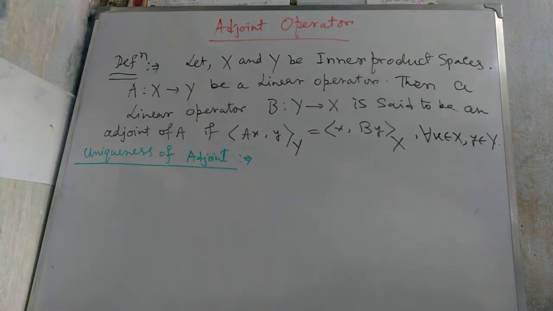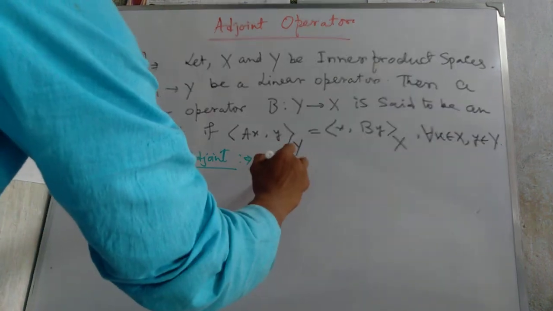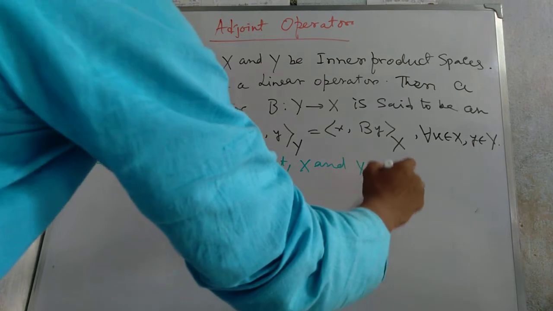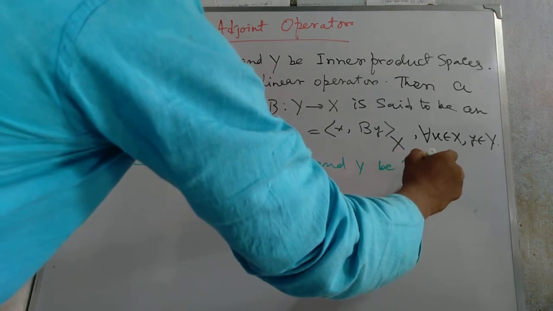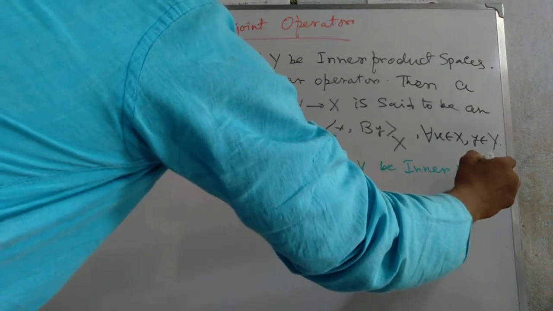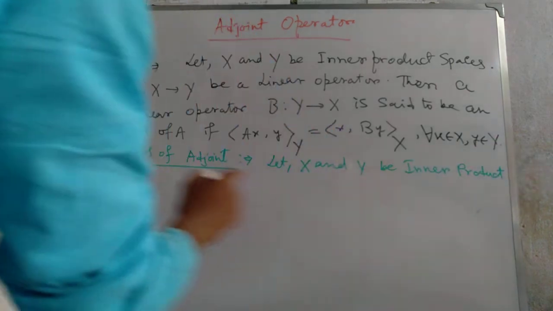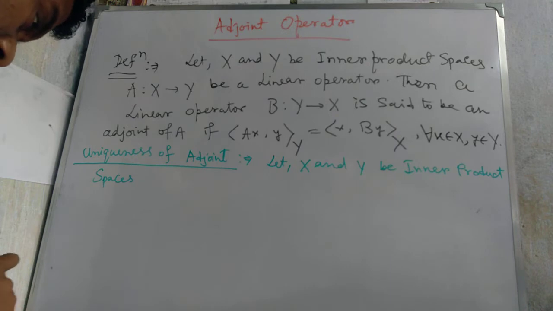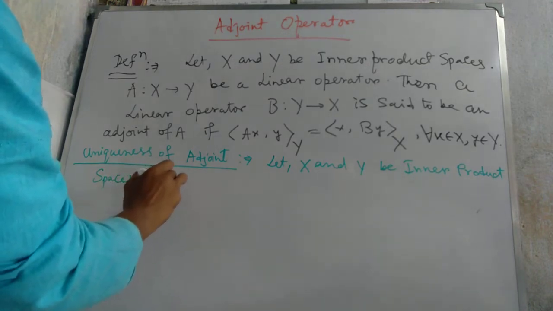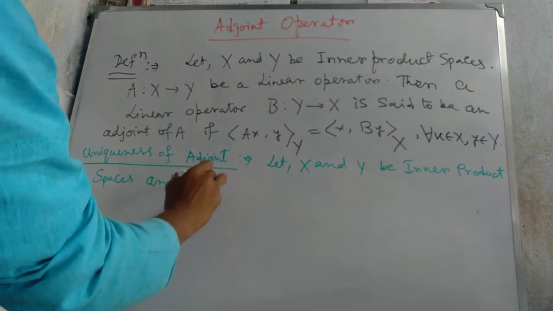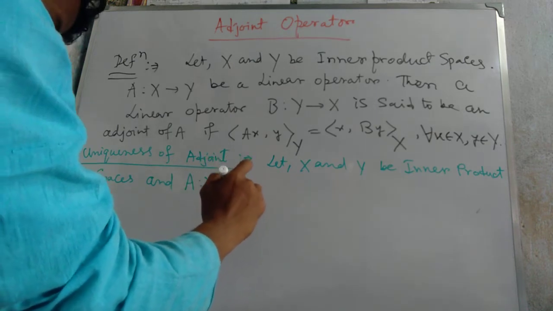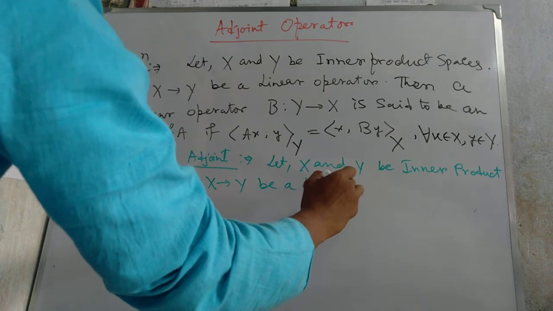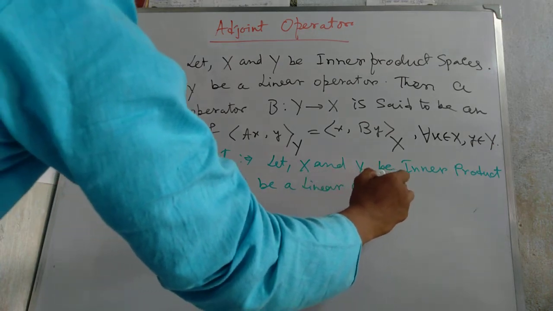Let X and Y be inner product spaces, and A: X to Y be a linear operator.